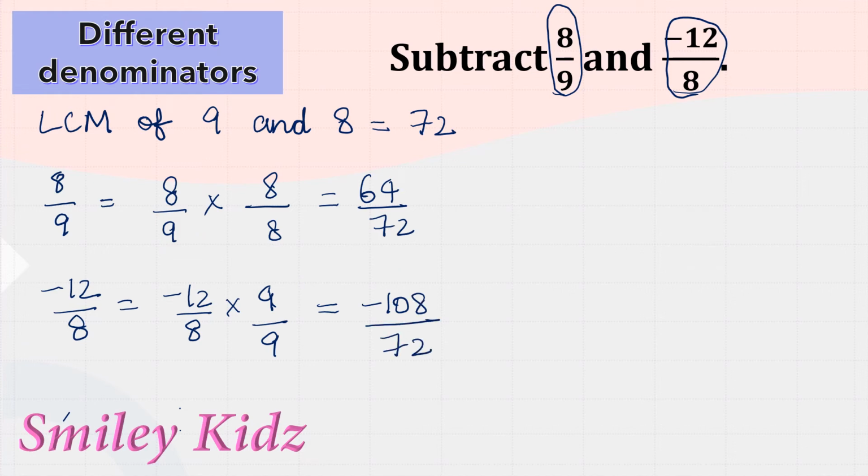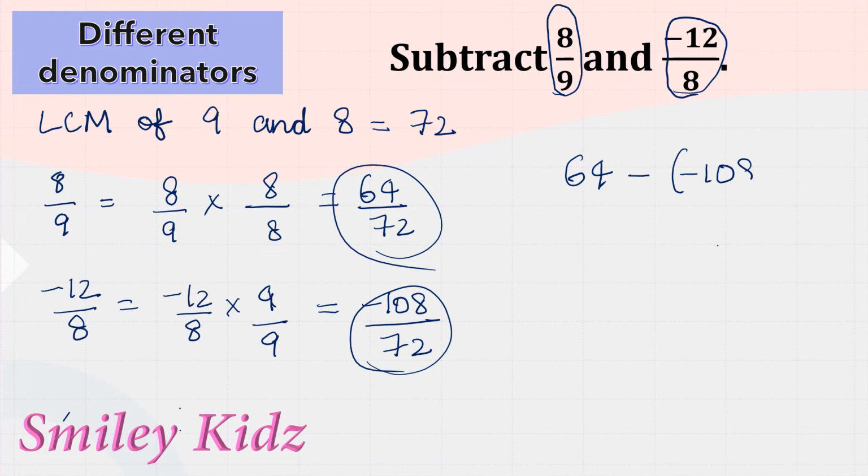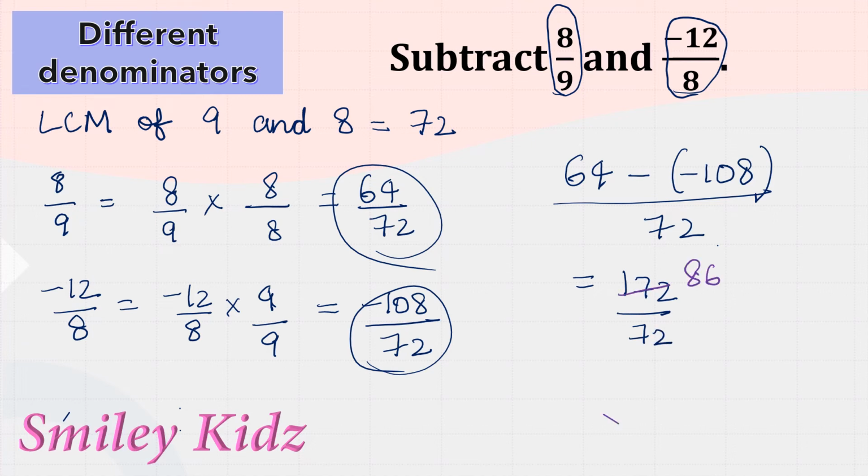72. Here we go. We got the same denominators. So let's simply subtract the numerators. 64 minus minus 108 by 72, which will be equal to 172 by 72. 2 times 86, 2 times 36.